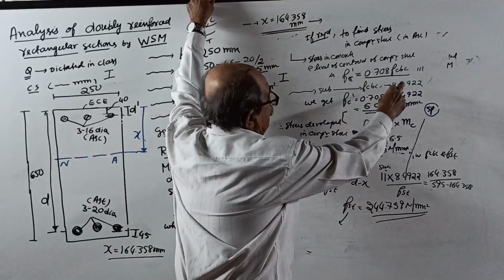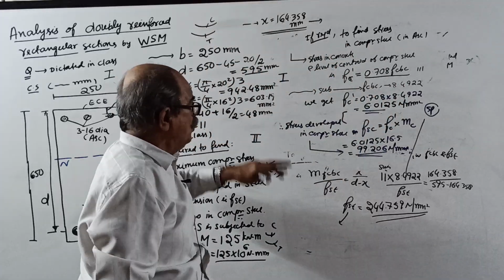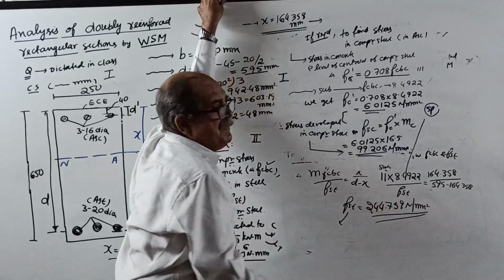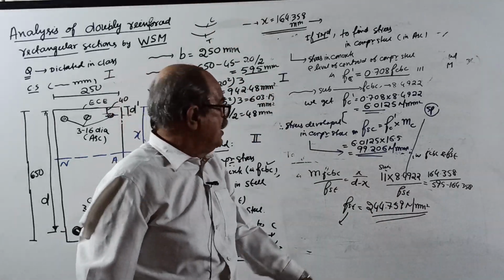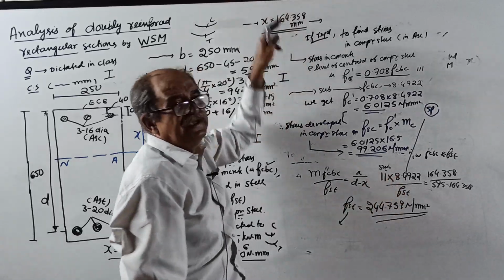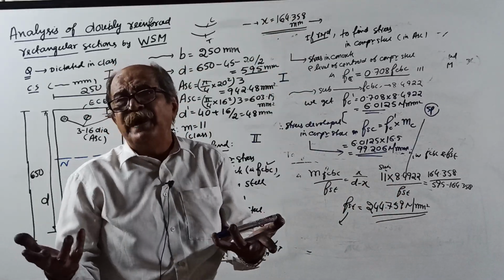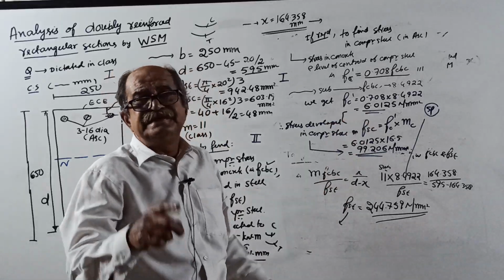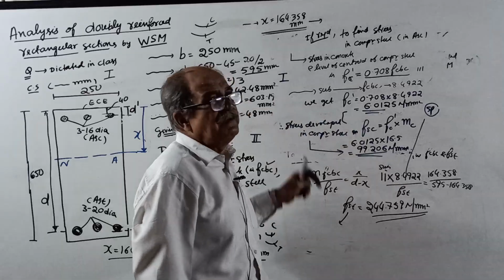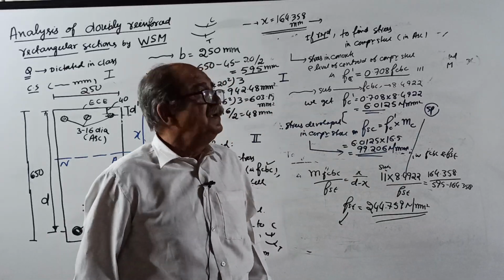I will get FCBC 8.4922, FST I will get 244, maybe 759 may become 758 or 761. This is almost 760, 761. That is because of rounding off error. And everything same answer will come there. My guarantee. Otherwise, sometimes I tell, I will stop the teaching.